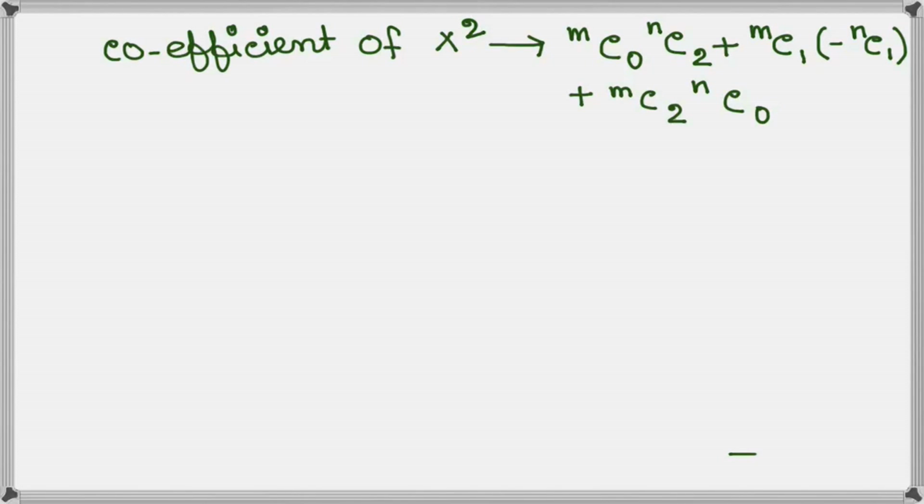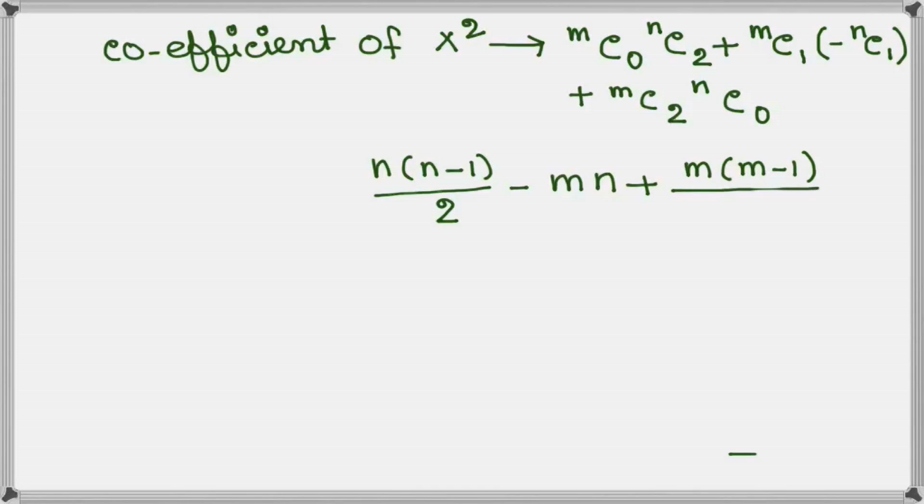So we can note that this is equal to n into n minus 1 divided by 2 minus mn plus m into m minus 1 divided by 2. Now it is given that this is equal to minus 6.